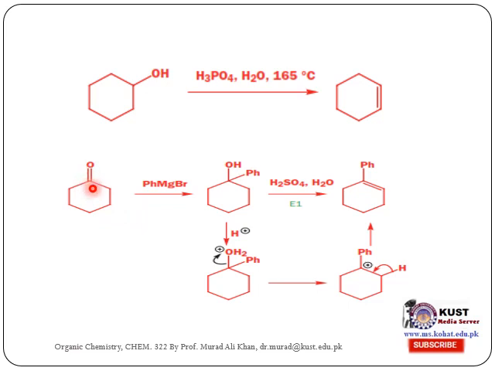A ketone is converted by the Grignard reagent to an alcohol, and this alcohol then can undergo elimination reaction in the presence of water. This is the mechanism of this reaction, how it proceeds: the protonation of the hydroxyl group, the removal of water, formation of carbocation, and then the removal of the proton and the formation of the double bond.